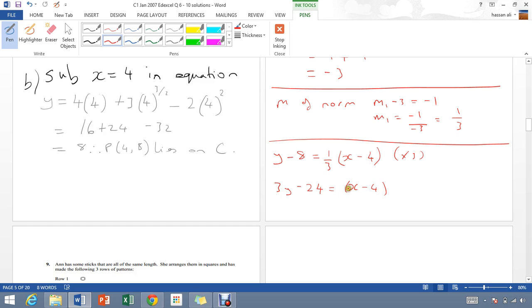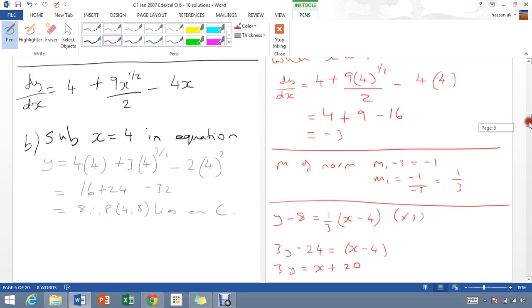We don't need those brackets there. Then you want it in the format of 3y equals x plus 20. So if I take that minus 24 across, minus 4 plus 24 will give you x plus 20. And that's that question there.